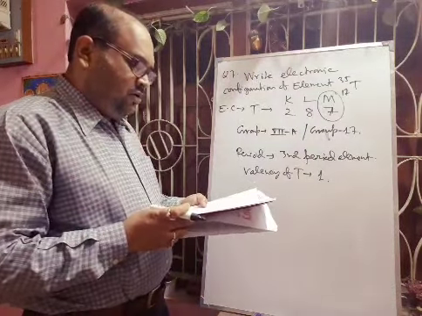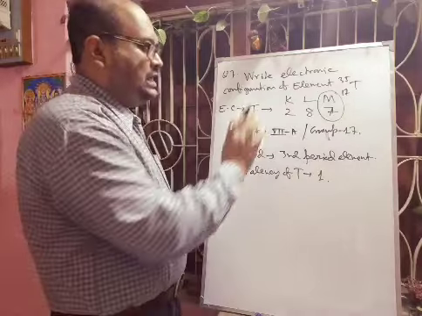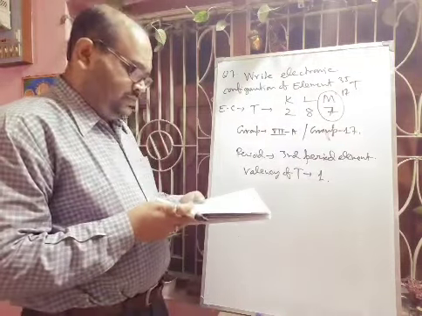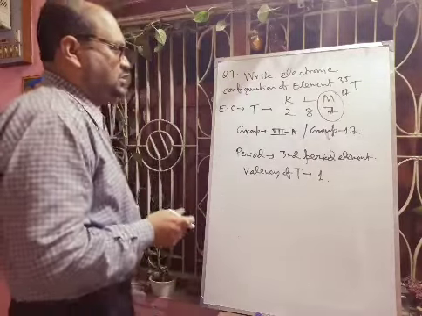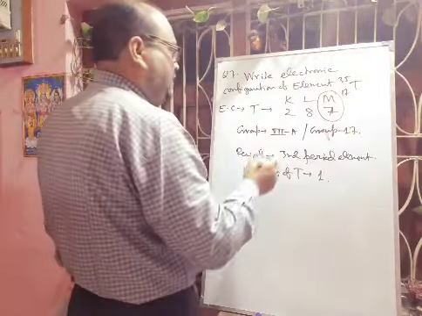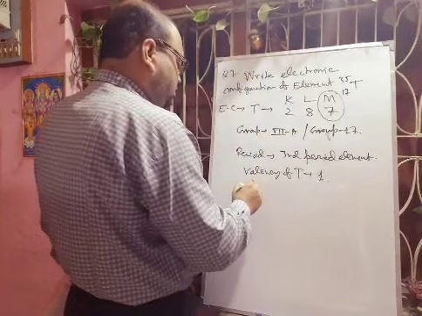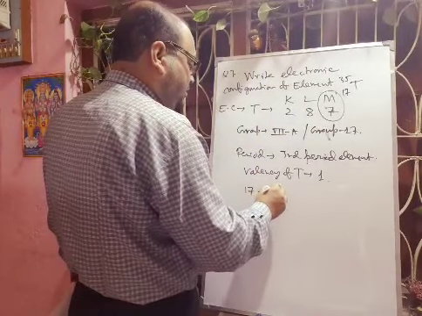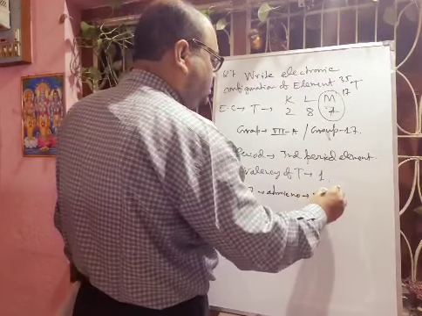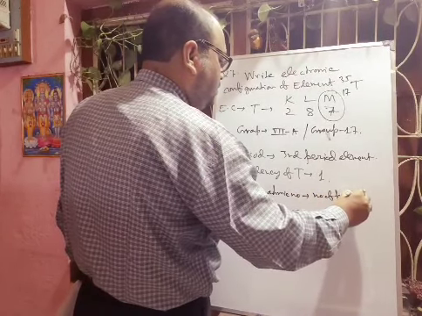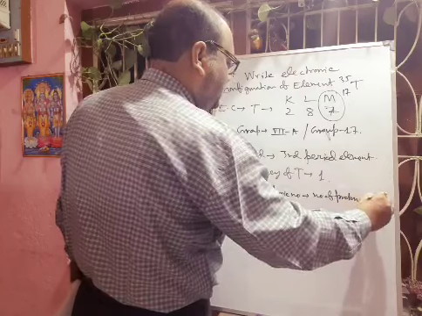Is it a metal or non-metal? You have to write it is a non-metal. Okay. State the number of protons and neutrons in T. So here it is written that 17 is the atomic number. So the number of protons will be 17.